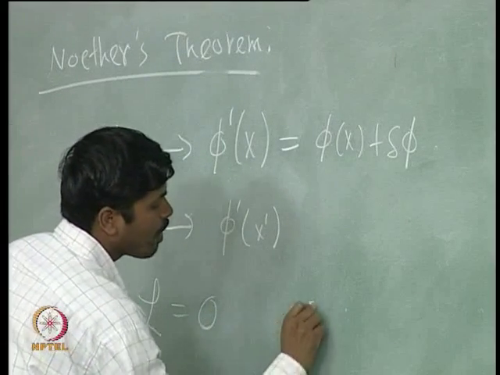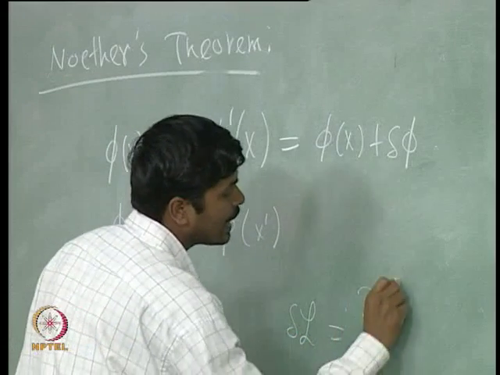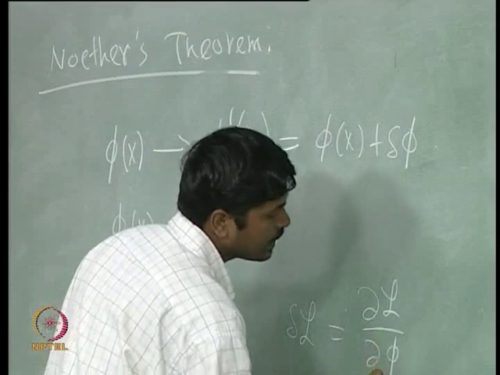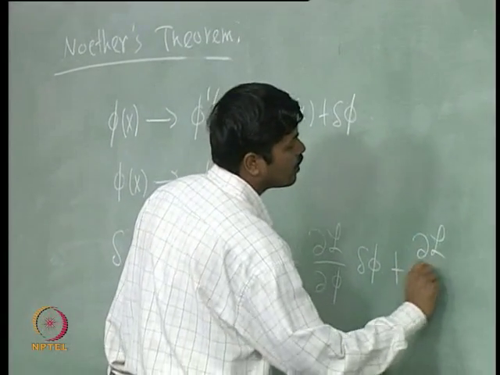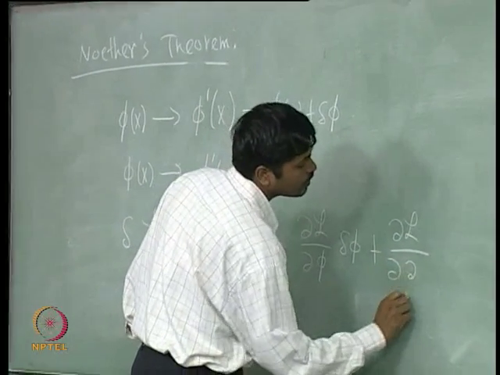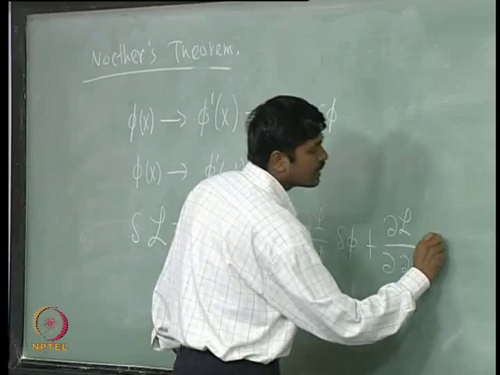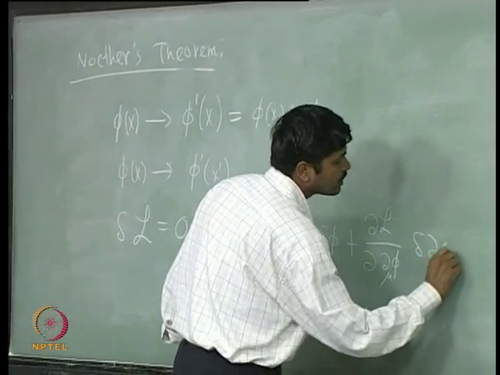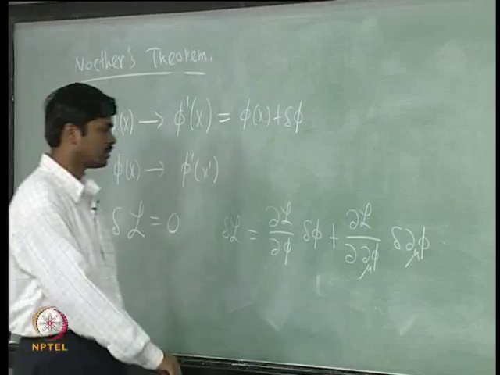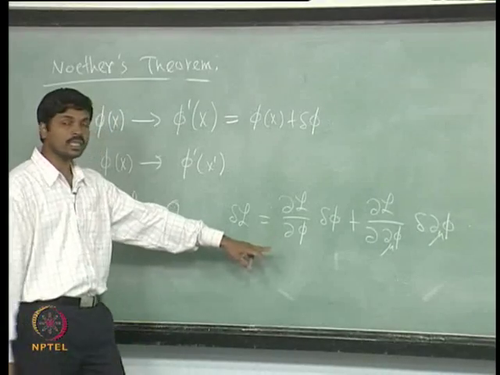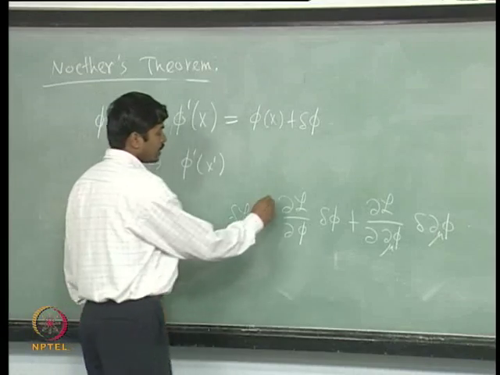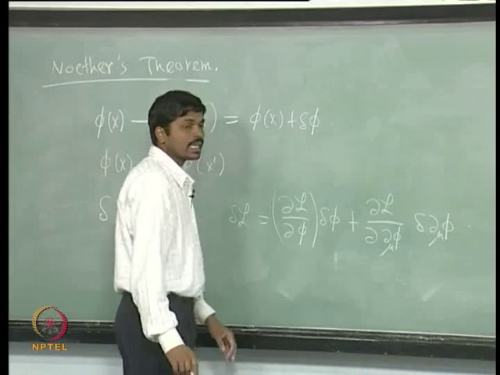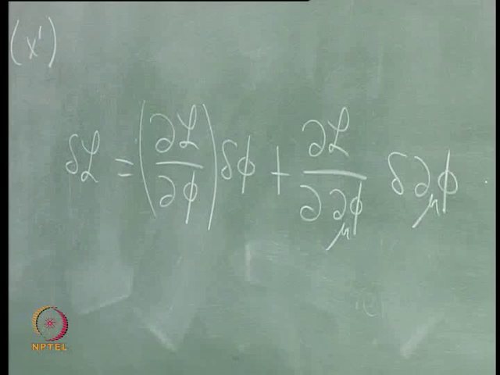Delta L is nothing but del L over del phi times delta phi plus del L over del of del mu phi times delta of del mu phi. We will consider the field configurations which obey the classical field equation, the Euler Lagrange equation.